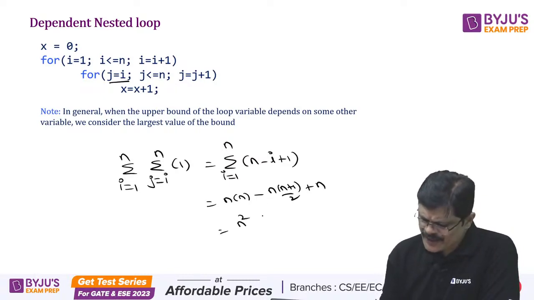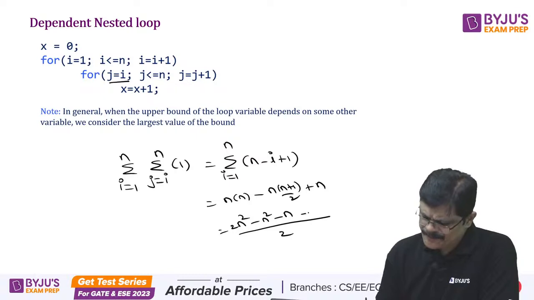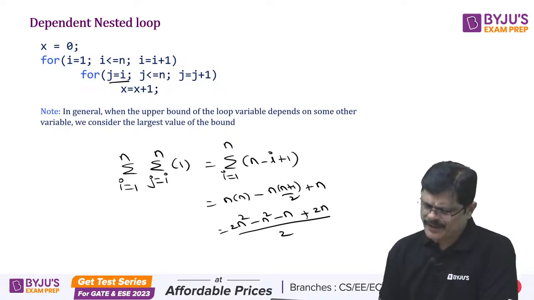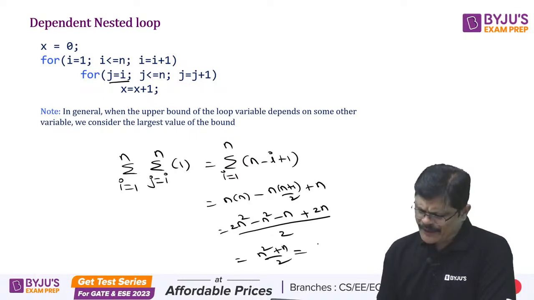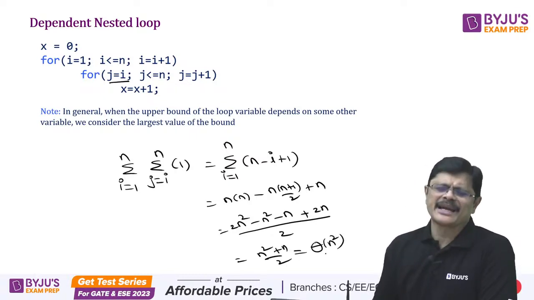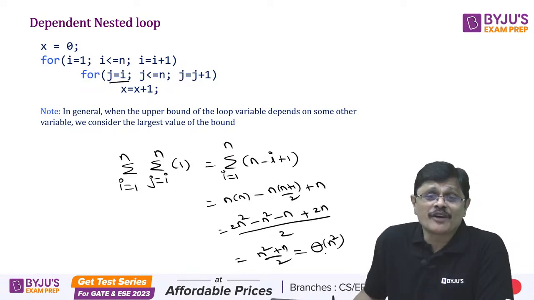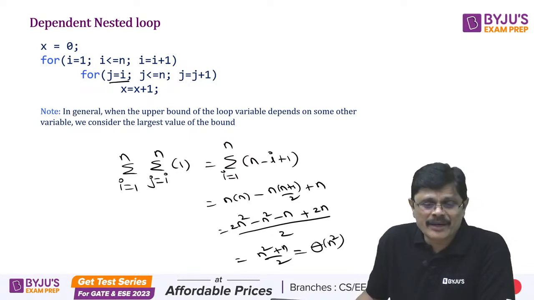Taking the LCM, 2 is the LCM: 2n squared minus n squared minus n, plus 2n. Whatever it is, the lower order terms can be ignored, and the coefficient of the highest order term dropped. You are going to get theta n square.